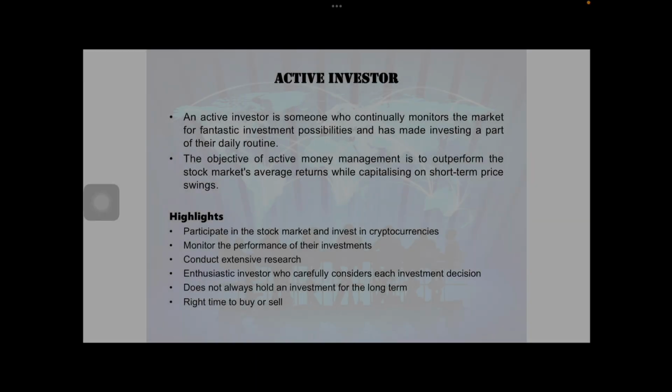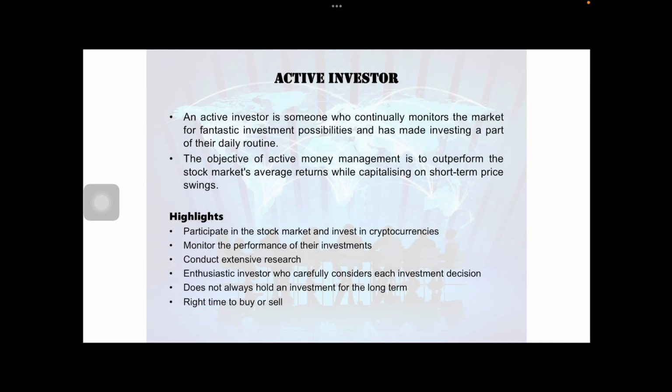An active investor is someone who constantly keeps himself updated about the market for potential investment opportunities and has already made investing and trading an important part of their daily routine, right? The basic goal that an active investor has is money management, which helps them beat the stock market average return while capitalizing on short term price swings.